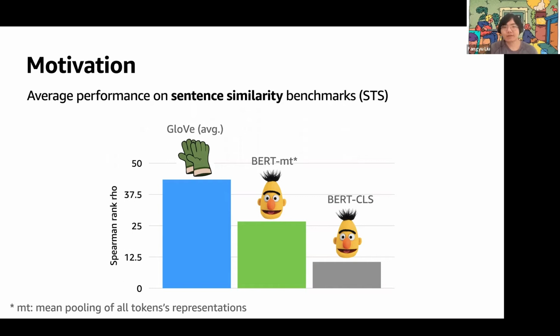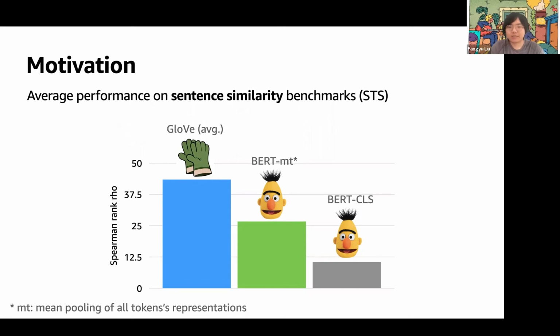The performance is measured by Spearman rank coefficient. And as you can see, if we take BERT just off the shelf to do this task, it turns out that it's worse than GloVe word embeddings. GloVe is like the very basic baseline for word embeddings for representing text. If given a sentence, we simply average all the word embeddings in that sentence, it will give us a much better performance compared to extracting such embeddings from BERT.